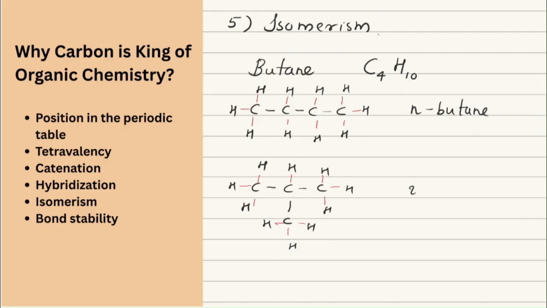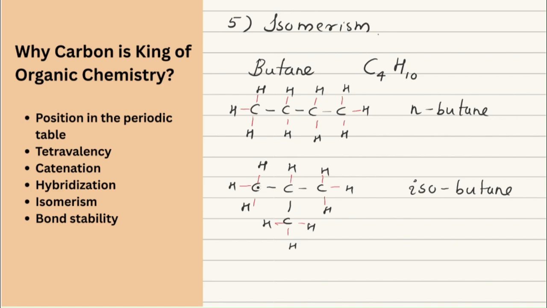And what is the name of this molecule? It's called isobutane. Why iso? Because it's the isomer of the N-butane molecule. Now, will they have any different physical and chemical properties? Yes, they do. For example, the isobutane boiling point will be less than that of N-butane.